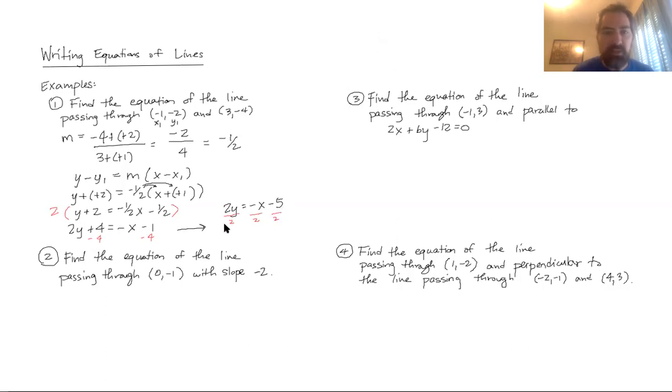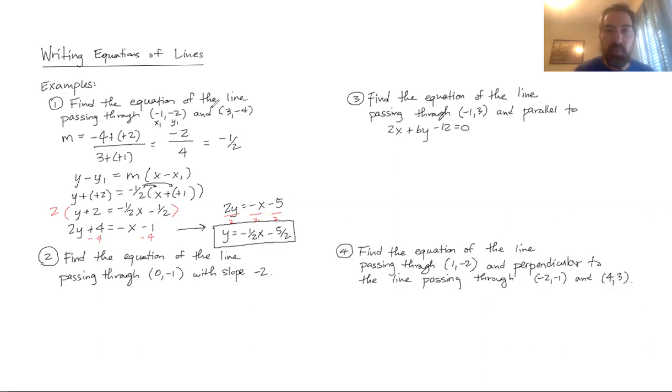So our final answer in slope-intercept form, negative x over 2, I'm going to write that as negative 1/2 x, and that's minus 5/2. So we have y equals negative 1/2 x minus 5/2. The y-intercept is negative 5/2. The slope is negative 1/2. That is the equation of that line passing through our 2 given points.